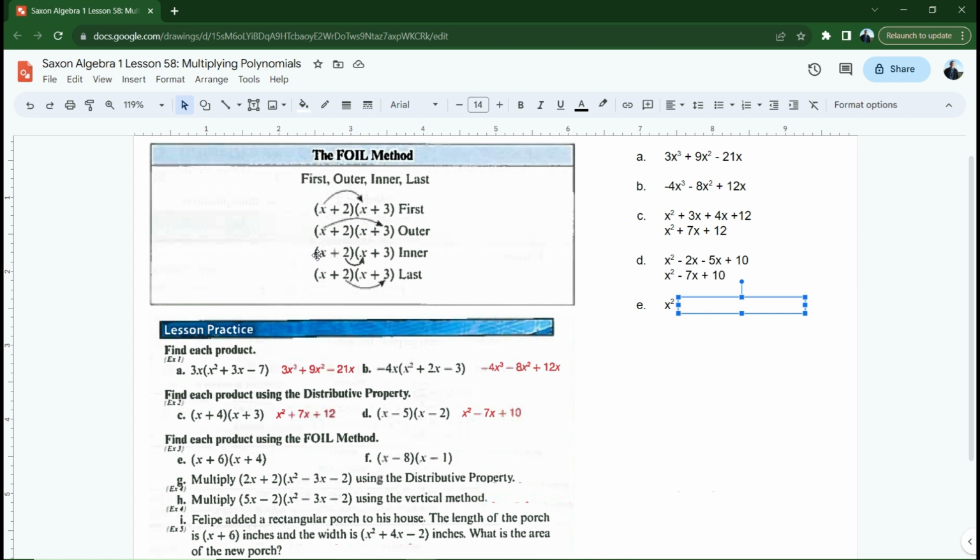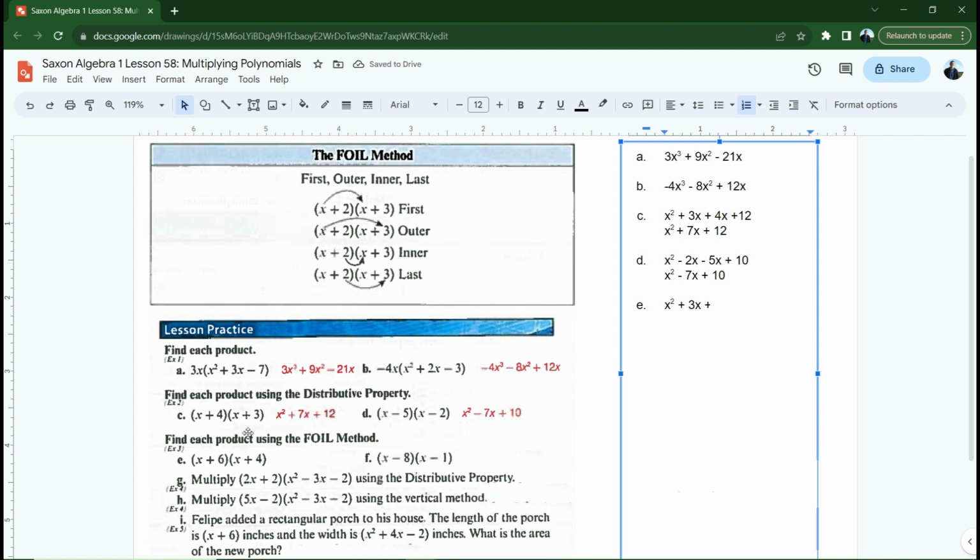So my first terms, x times x is x squared. Outer terms is x times 4. So it's going to be plus 4x. Now I noticed that I accidentally went back up here and did this one. I'm going to change it to plus 4x. All right. My inner terms is 6 times x.